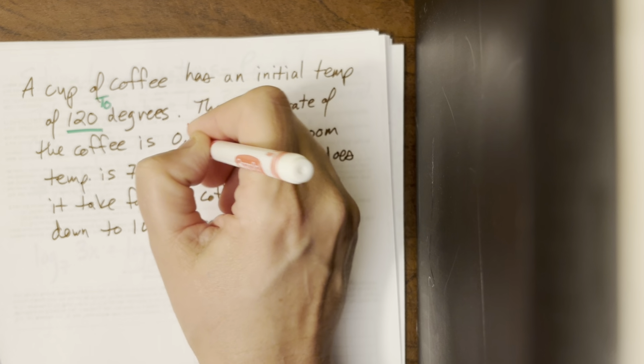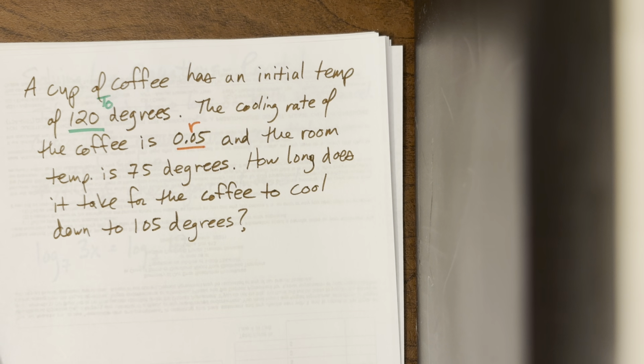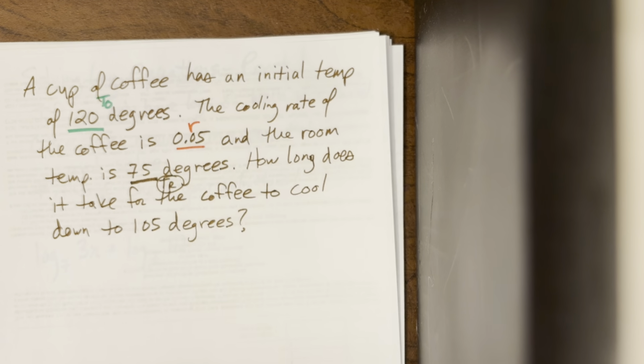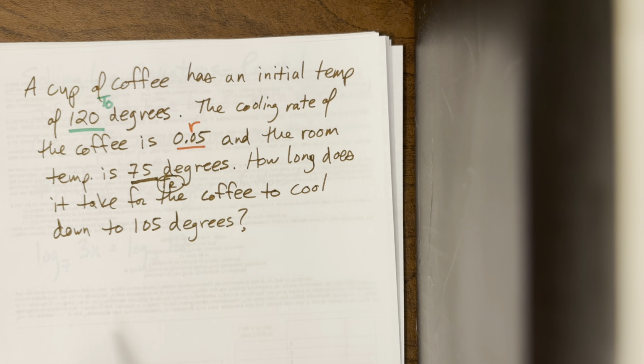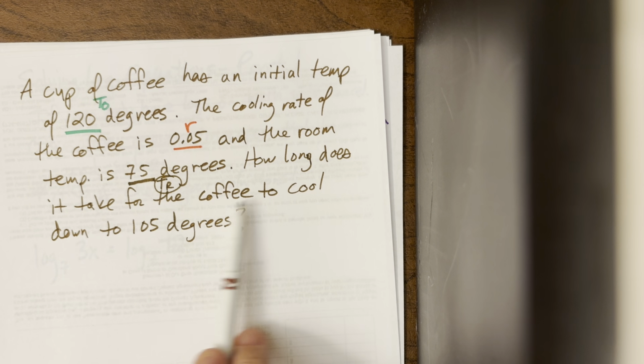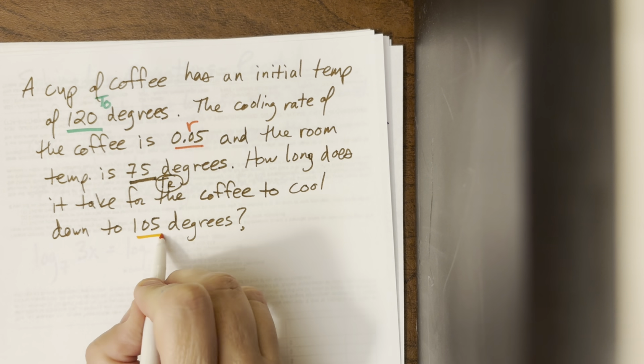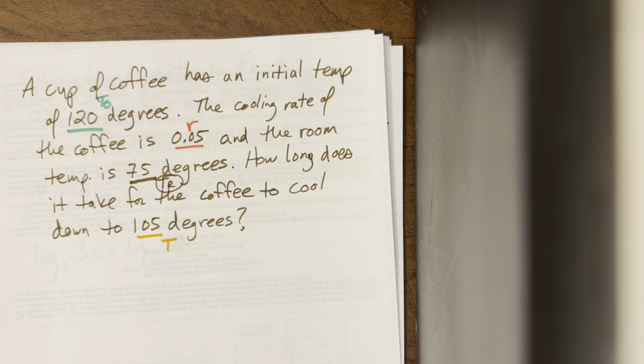That's going to be my R value. And the room temperature is 75 degrees. That's my T sub R. It's in the same color, so I'll circle it. How long does it take for the coffee to cool down to 105 degrees? That is going to be represented with the variable T.